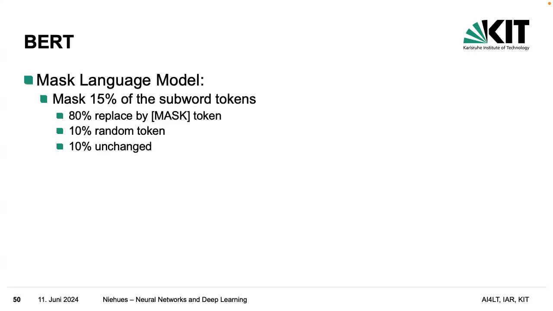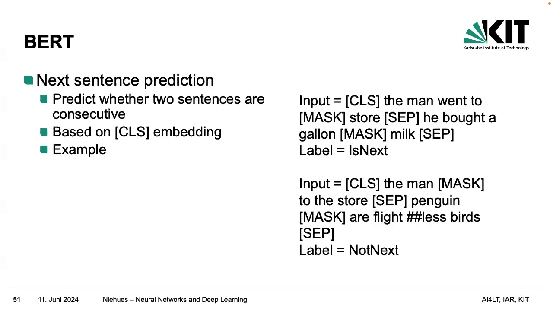Let me just finish shortly the basic idea of BERT. So you mask words with different probabilities, and you have this next sentence prediction. In this one, the man went to the store, he bought a gallon of milk. You have masked some words to also predict those. In this case, it is the next sentence, while for the man went to the store, penguins are flightless birds, these two sentences don't make sense together, and they're not the next sentence.